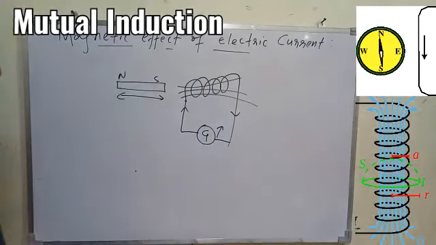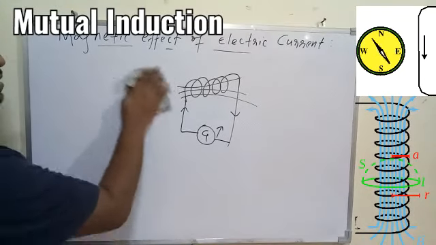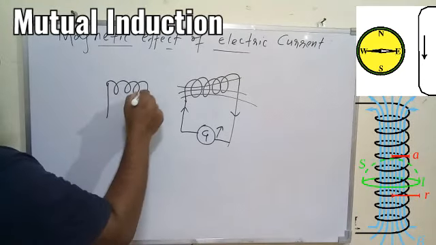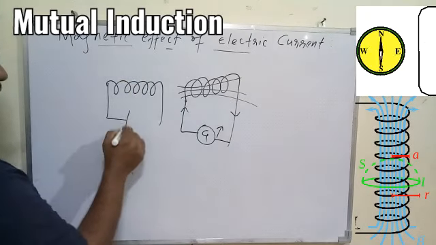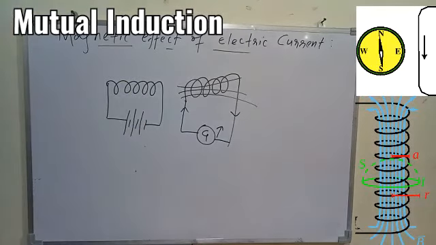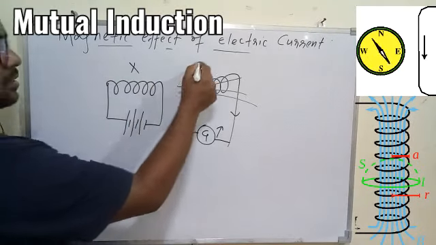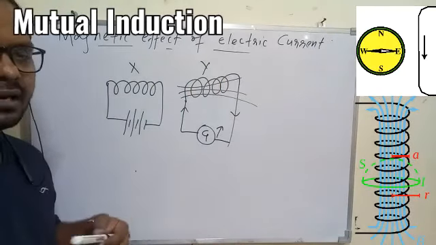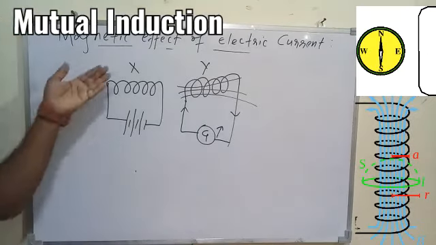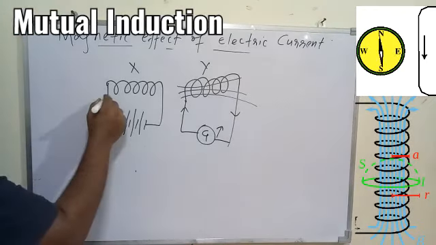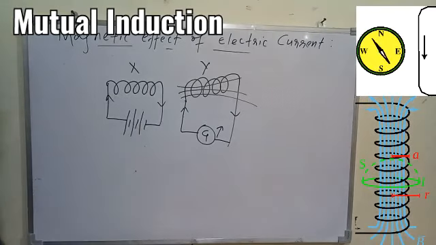But there is another possibility: in place of this magnet we can have another coil, and this coil is connected to a battery. So now we are talking about two different coils, X and Y. Y is connected with a galvanometer, in which current will be induced, and X is another coil having a power supply, meaning current will flow in this circuit.